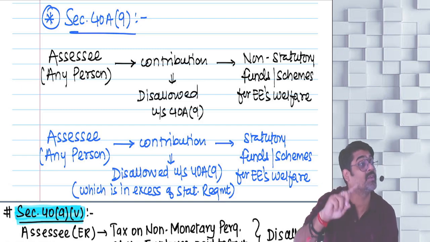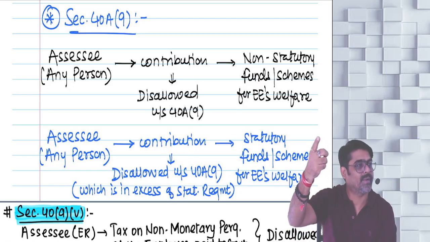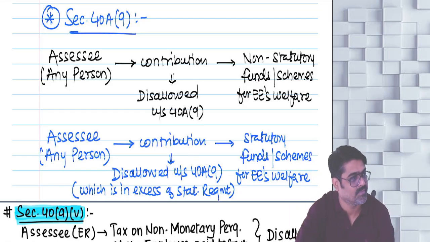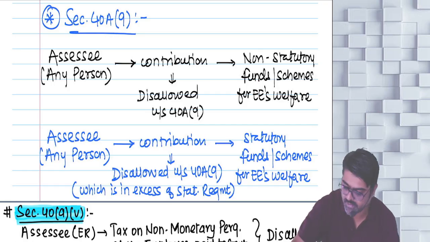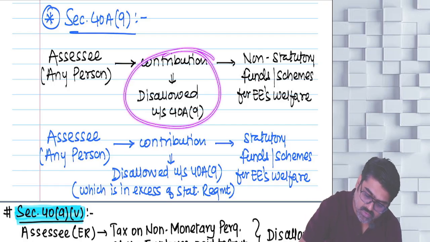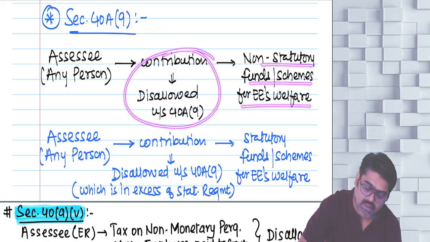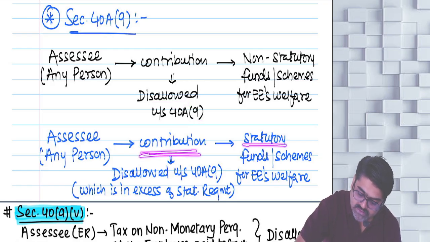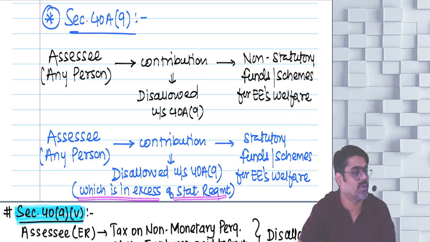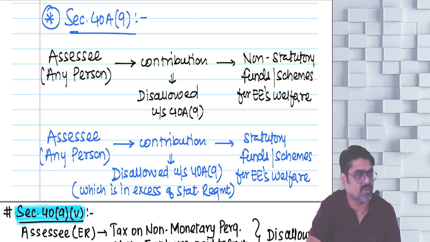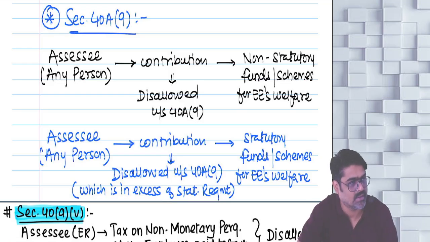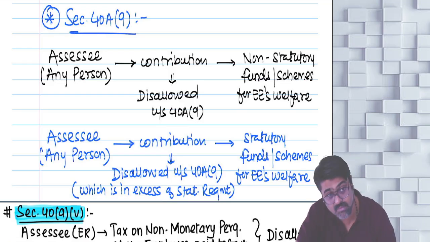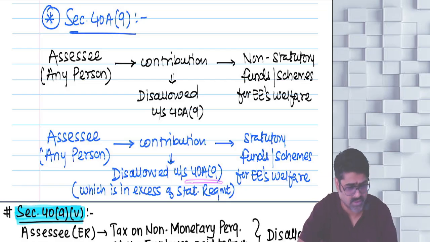That is the reason why you disallow excess contribution to NPS over and above 14%, and I have told you this there also. So contribution to a non-statutory fund or scheme for employees' welfare will be disallowed as per 40A(9), and contribution to statutory funds or schemes will be disallowed under 40A(9) to the extent it is in excess of the statutory requirement. Up to the statutory requirement, it will be allowed as a deduction. Over and above that, it will be disallowed under section 40A(9).